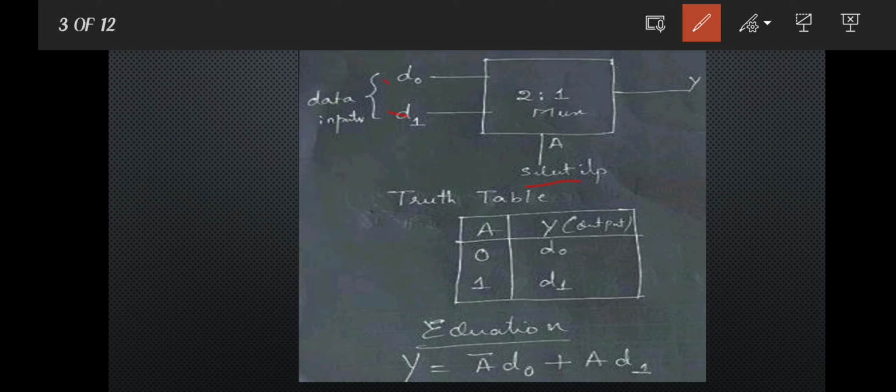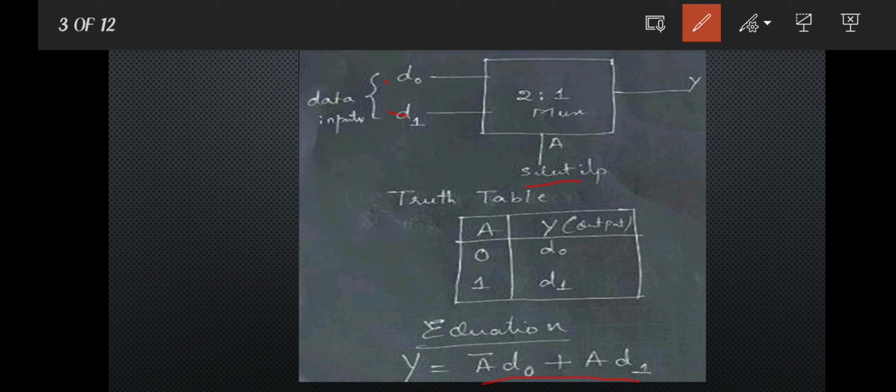This is the Boolean expression of the 2 into 1 multiplexer in terms of the selection line and the data line: y is equal to a bar d0 plus a d1. In case of NOT gate, if the input is a, then the output is equal to a bar.